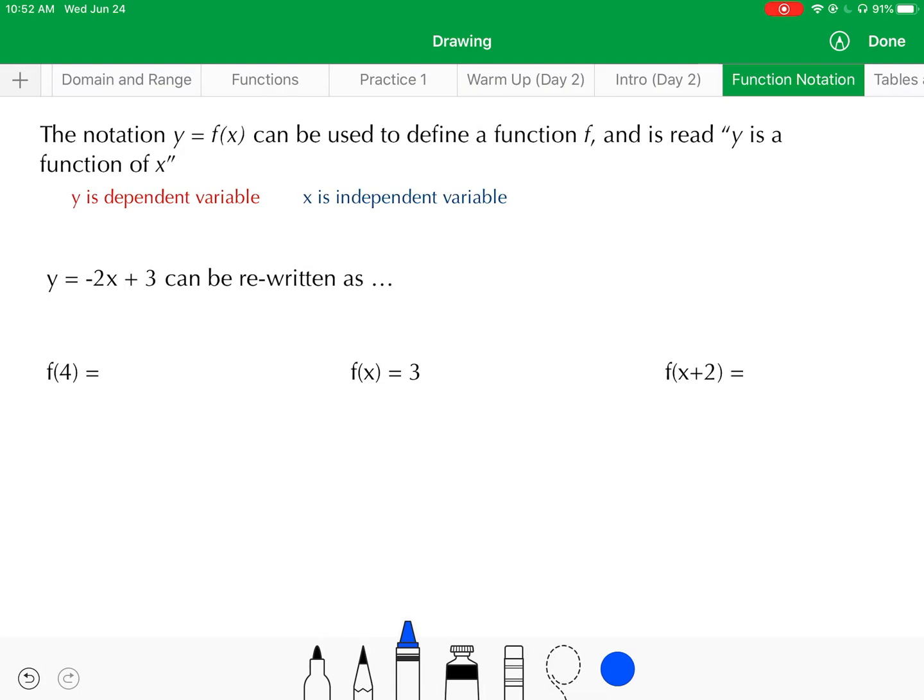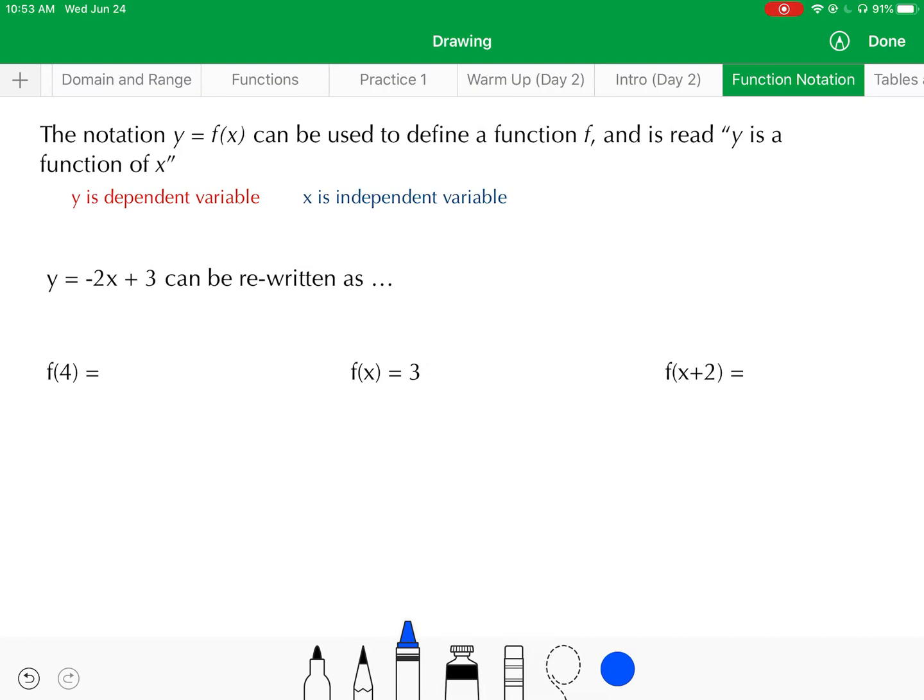Okay, so let's just say we have the equation y equals negative 2x plus 3. This is an equation that represents an infinite amount of ordered pairs that when you graph them would graph to be a line. So this is a linear equation, and if you were looking at the graph of this, you would see it would pass the vertical line test, and therefore it would be a function.